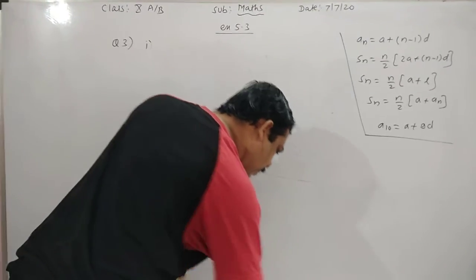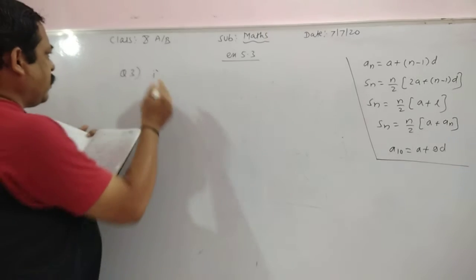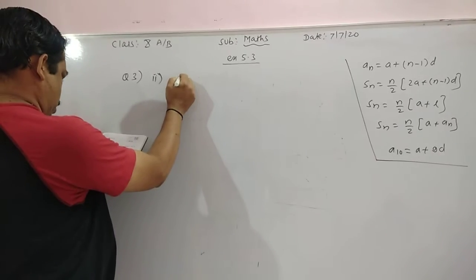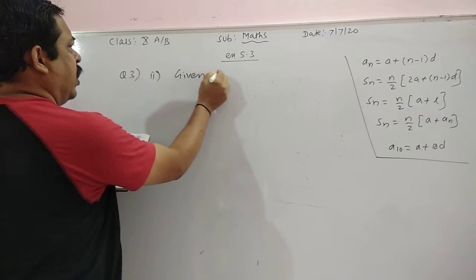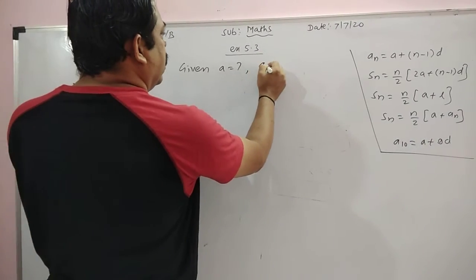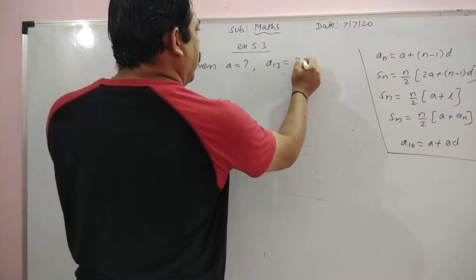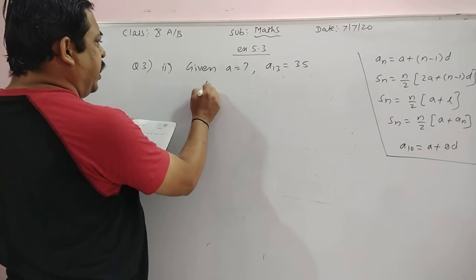In the second sum, what is given? A equal to 7, then A13, the 13th term of that AP is given, that is 35.